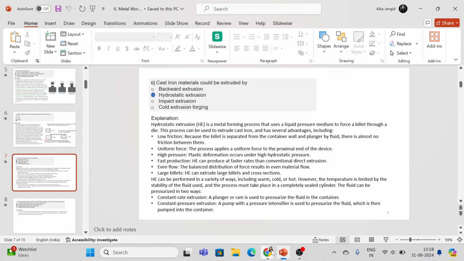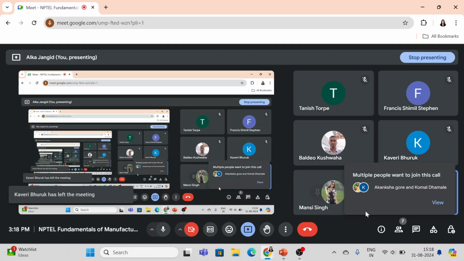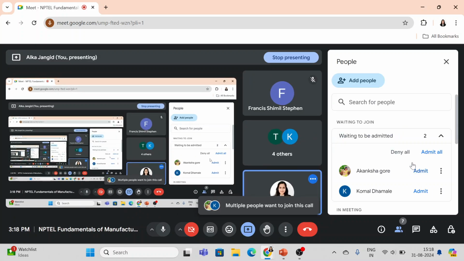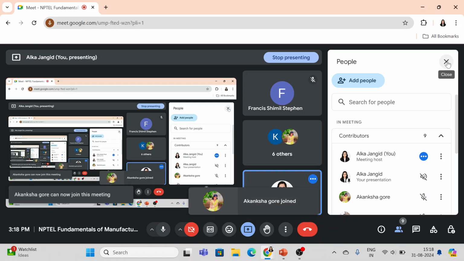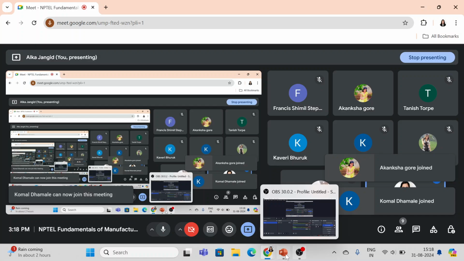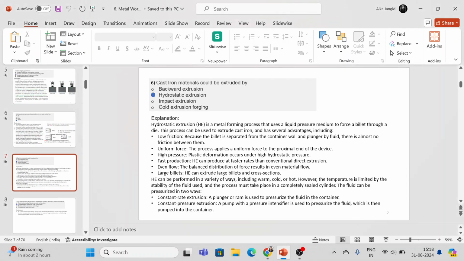You can type it in chat. Okay, so the answer will be hydrostatic extrusion.